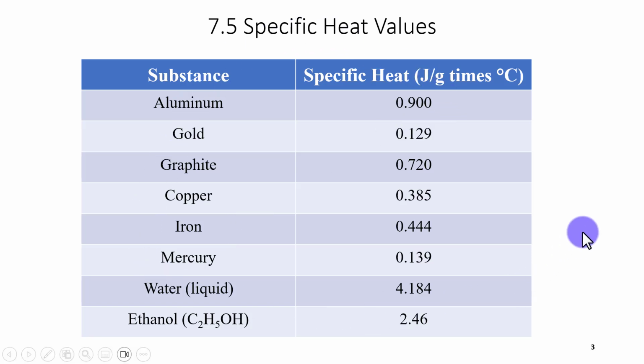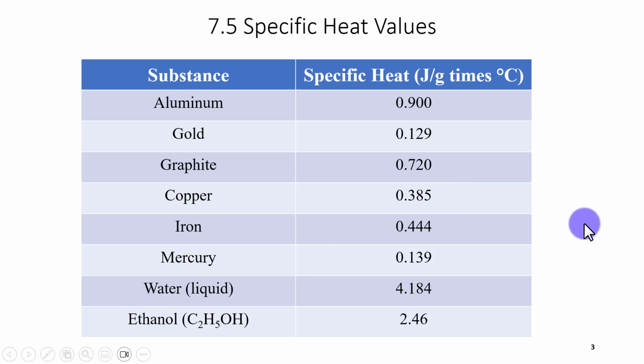Here are some specific heat values, and you can find more tables that contain specific heat online if you search. But we have different substances listed, and these are the specific heats. What I want you to take out of this table is that some substances, like water, for example, have a very high specific heat, and other ones, like the metals, have low specific heats.